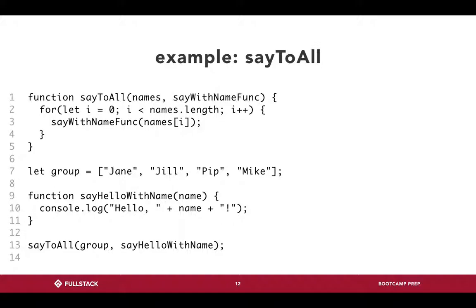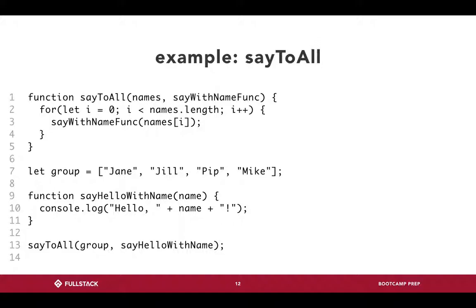Names is pointing to the same spot wherever this lives in the computer. And we pass in whatever say hello with name is, but we don't invoke it, right? So say hello with name is just a reference to this code, right? What's the return value of say hello with name? Undefined, because there's no return keyword. So now, say with name func is a reference to this, and names is group.